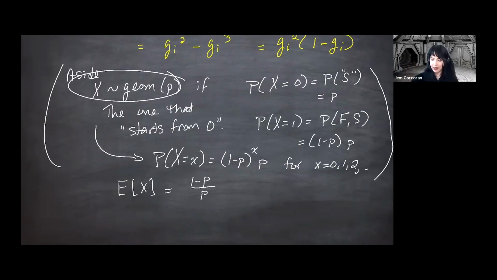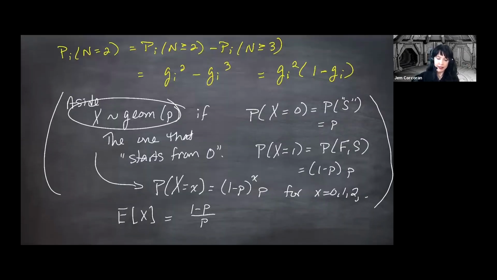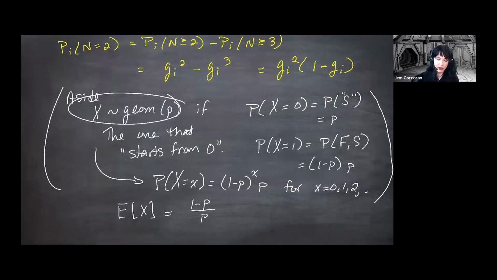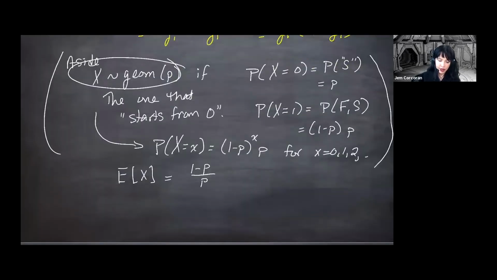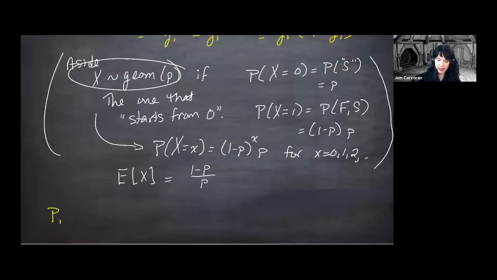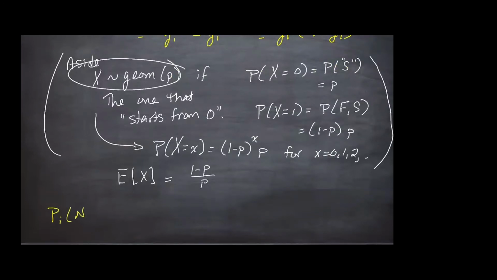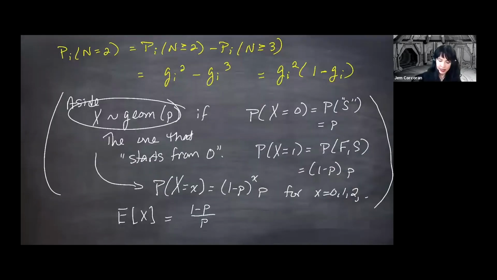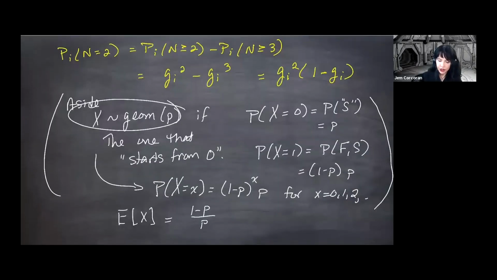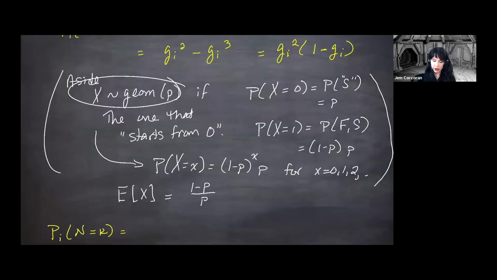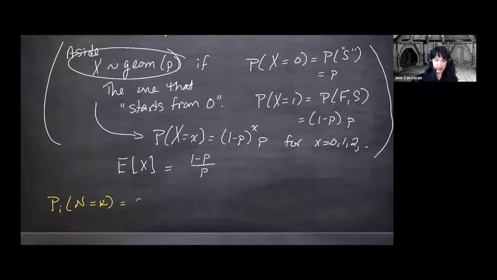And now let's do what Sage just asked. Let's figure out what we have in our case. We've got the probability, starting from i, that n is equal to k. This is gi to the k times 1 minus gi. So remember, I do have this conditional that I'm starting at state i.